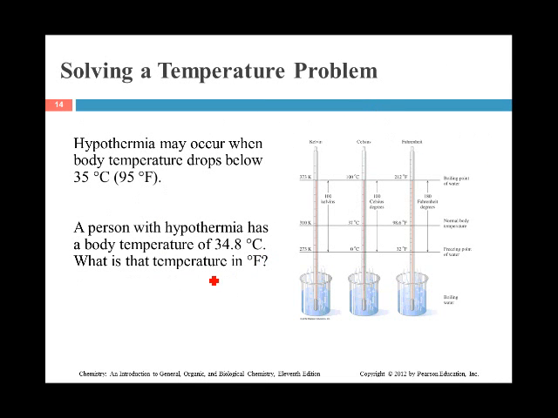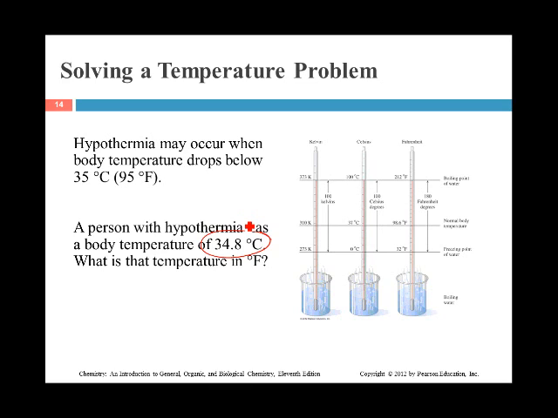Alright, so let's do a couple practice problems. Hypothermia may occur when a body temperature drops below 35 degrees Celsius or 95 degrees Fahrenheit. A person with hypothermia has a body temperature of 34.8 degrees Celsius. What is it in Fahrenheit?